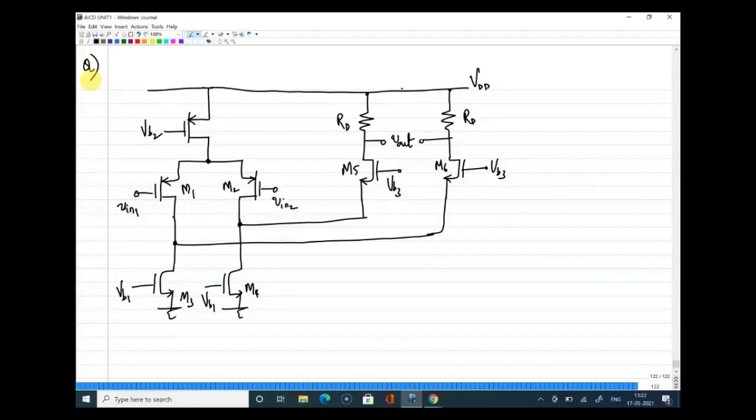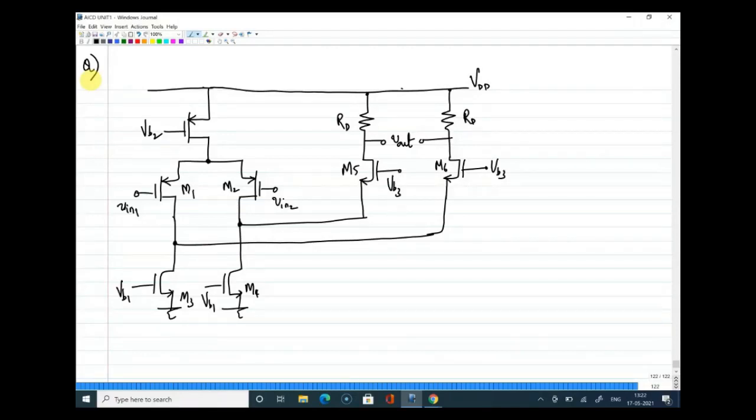I think this question will challenge you a little bit, because you will find the concept of folded cascode here, and a mixed combination of concepts.